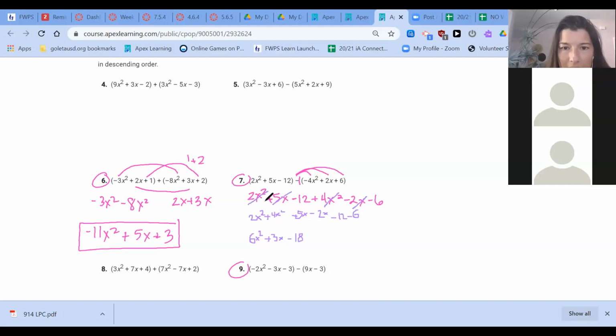Beautiful. Final answer, 6x squared plus 3x. Yes, plus 3x and minus 18. Beautiful.